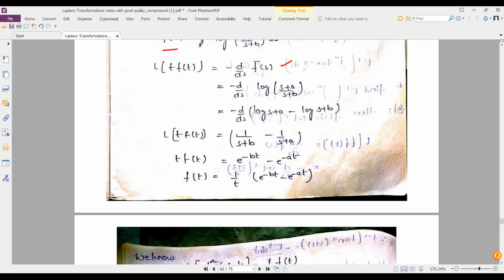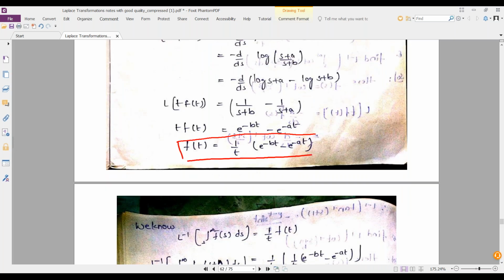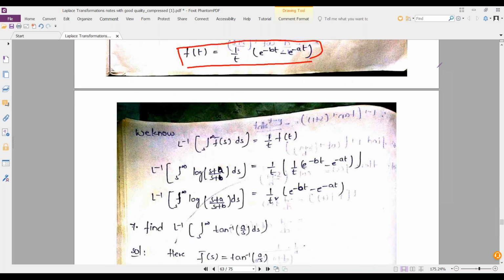After that, the integral from s to infinity of f(s) ds: if the integral is there, I need to divide with t. If differentiation is there, I need to multiply with t. So based on that logic, to eliminate this integral, I need to divide with one more t. So finally it becomes t square instead of t.